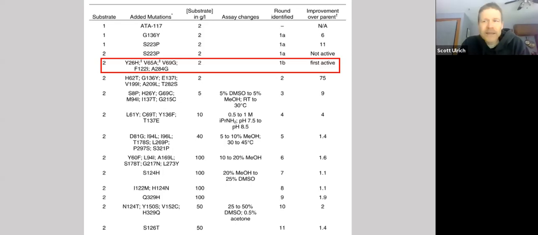But then you need to make each protein and test it, right? Some of those steps you might be able to do robotically. Some of the steps you would have to do by hand.